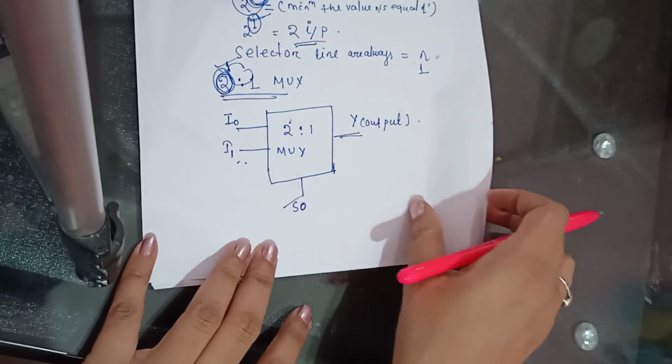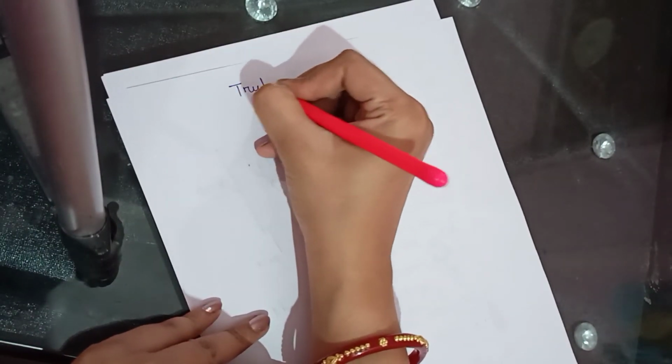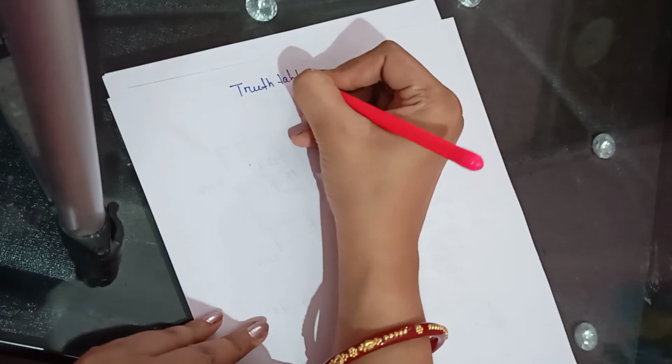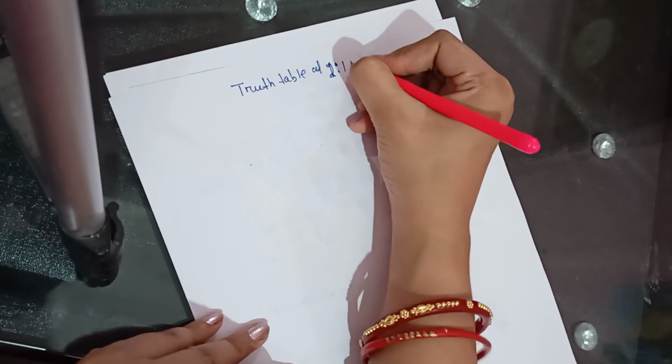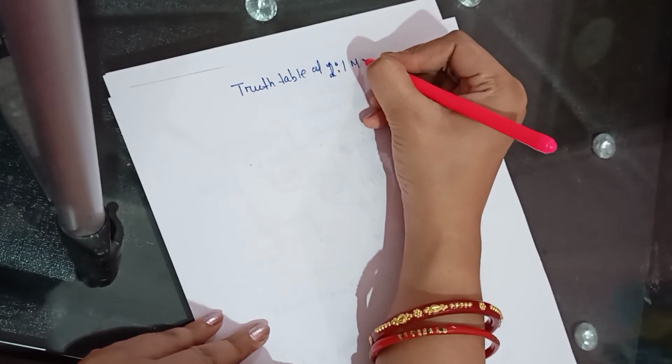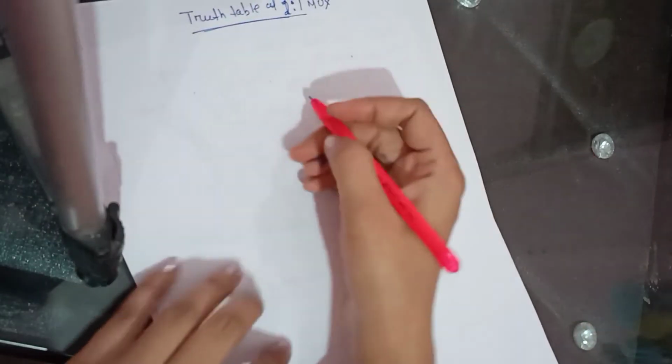Now we will draw the truth table of the 2 to 1 mux.